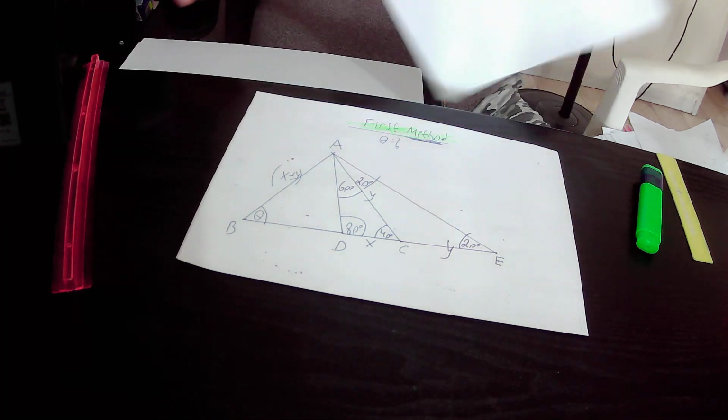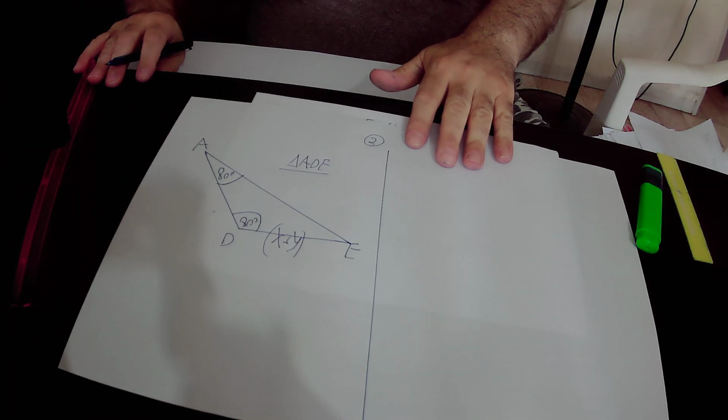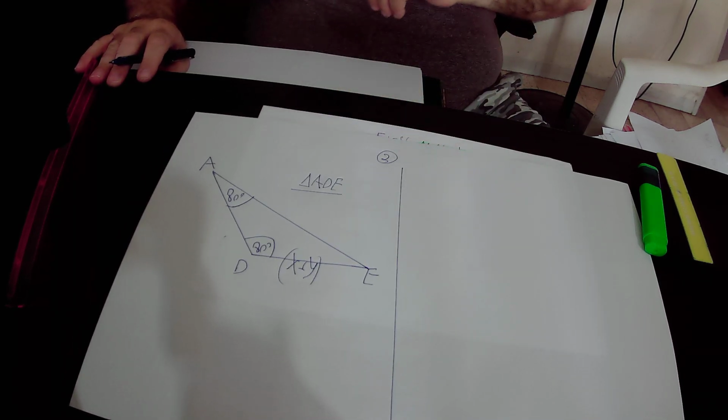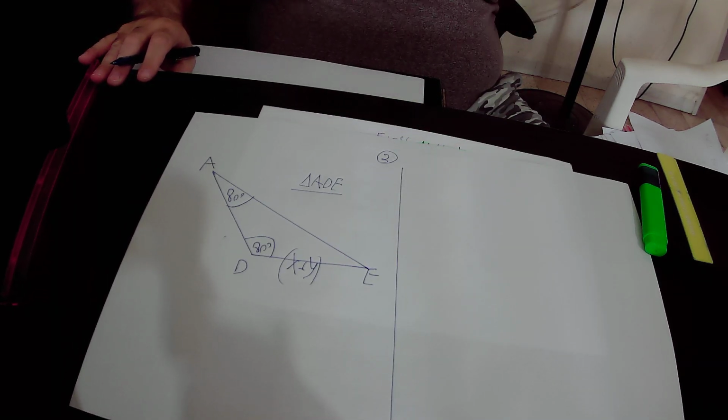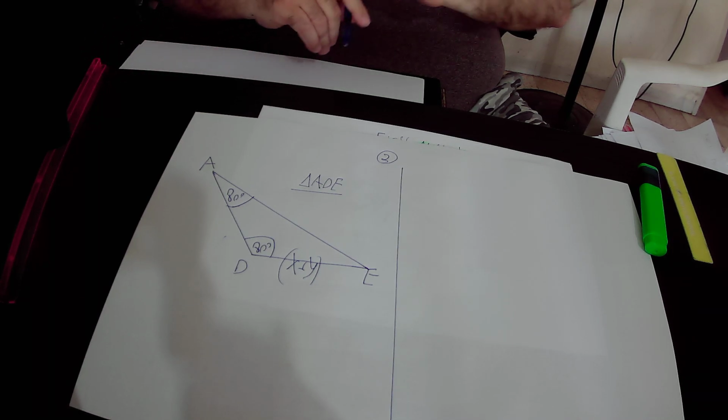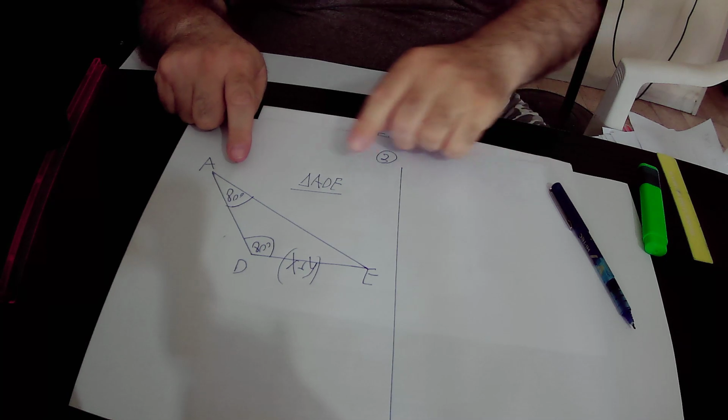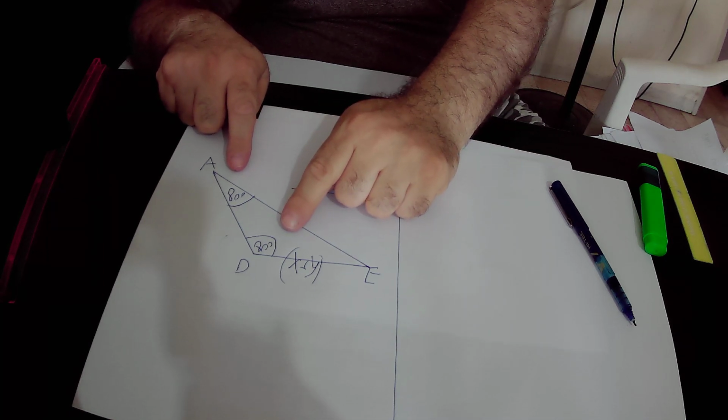So this is triangle ADE that I copied from the original drawing. And here in triangle ADE, those two angles are equal to each other, and we know that in front of equal angles in the triangle there are equal sides.